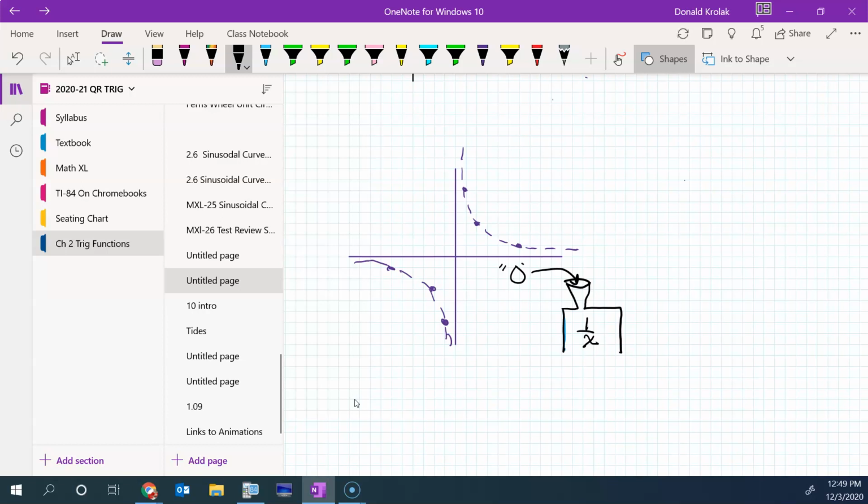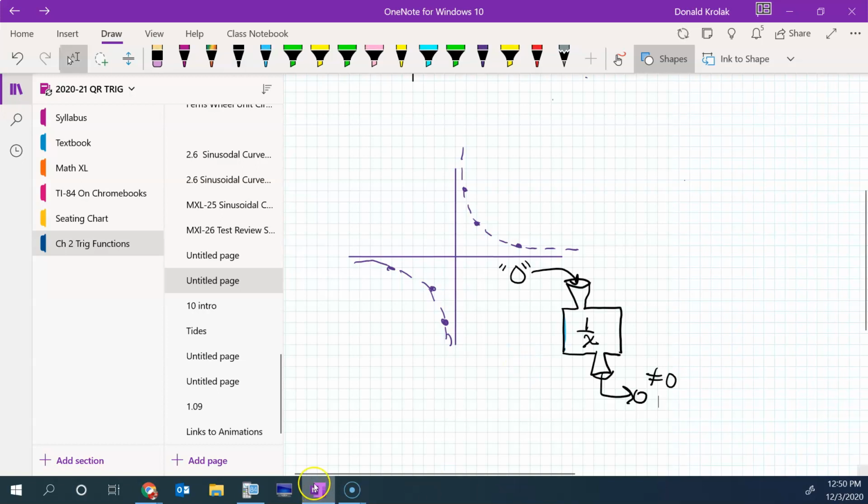If you put a 0 in, you get fired because it'll break it. Then the range is basically saying a 0 will never come out of this machine. You can wait all day. Hey, I'm waiting for a 0. It ain't coming. A 0 will never be the output from a reciprocal function.